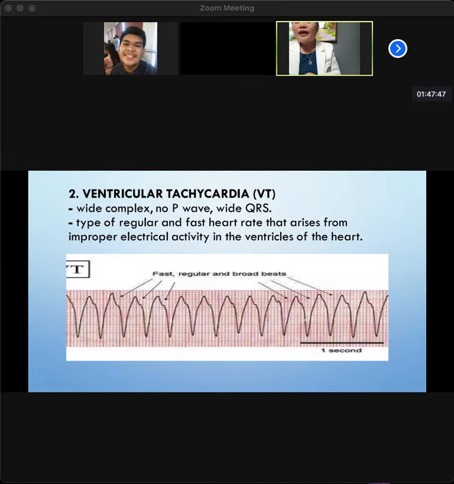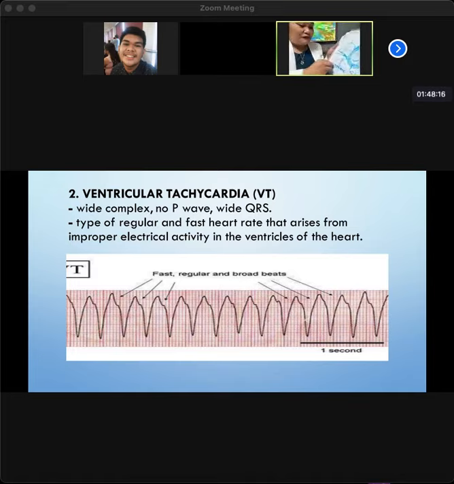Okay? Your ECG tracing has a wide complex, no P-wave, wide QRS. So matataba. Okay? Remember, your SVT maliliit. Adenosine. Yan yung SVT. Okay? Para hindi ninyo makalimutan. Adenosine. Okay?